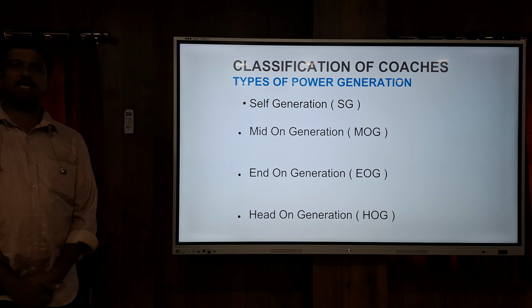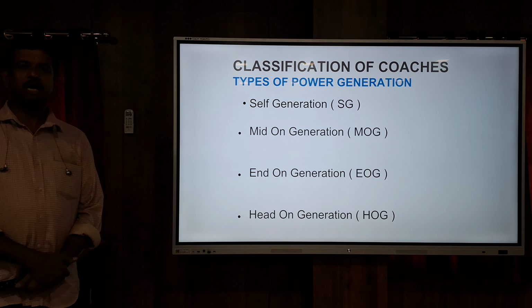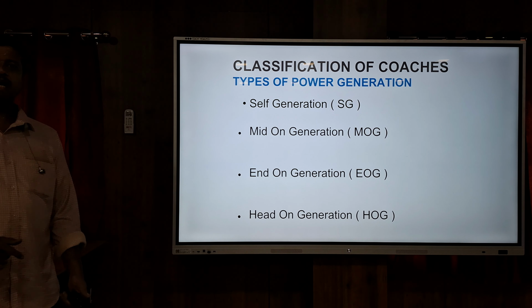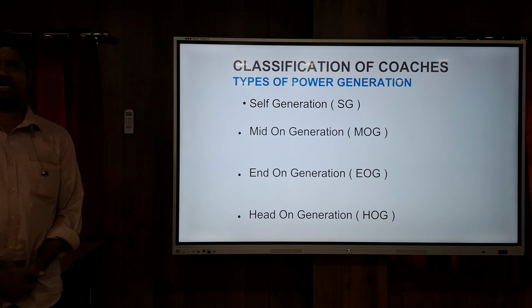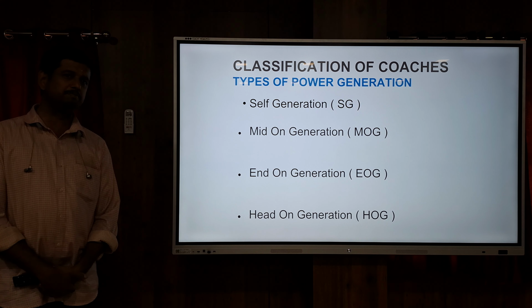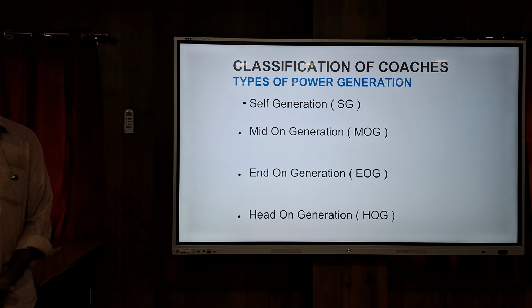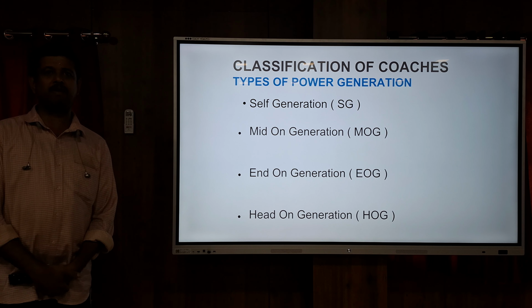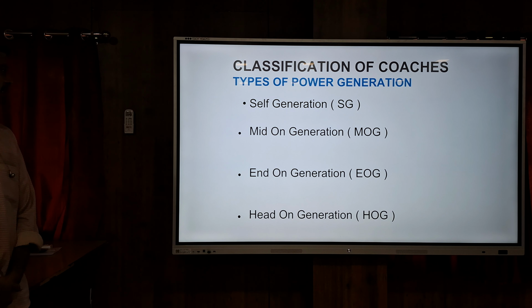So they provided one generator inside a coach, almost exactly in the middle of the train, and the train length also was very small, only 8 coaches like that. A mid-on generation was made, and one staff was there to operate the generator. That system is also not used now. It was used long back in the Diva section in Central Railway. That was the last section which used mid-on generation. Now that is also not there.